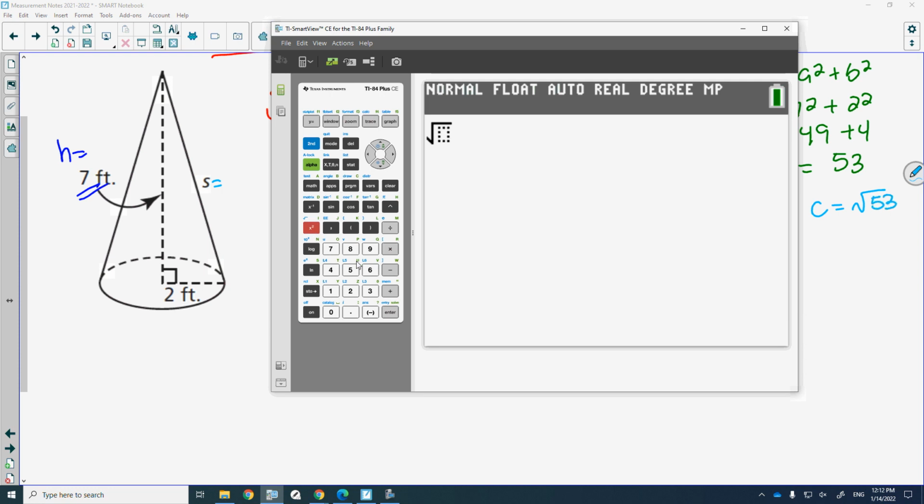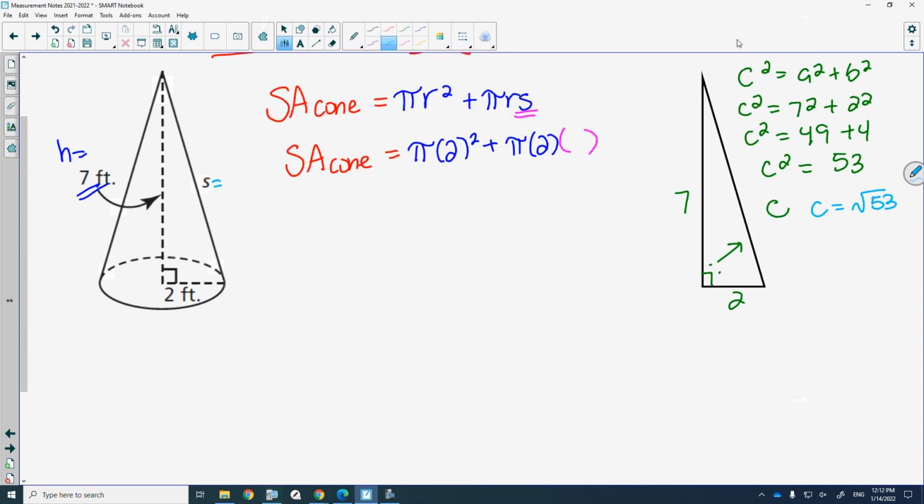So square root of 53 is 7.28. Now I know what S is. So I could fill that in. I was missing that. You could enter this in one string on your calculator, but we're going to select that number because I don't want to enter the rounded number.